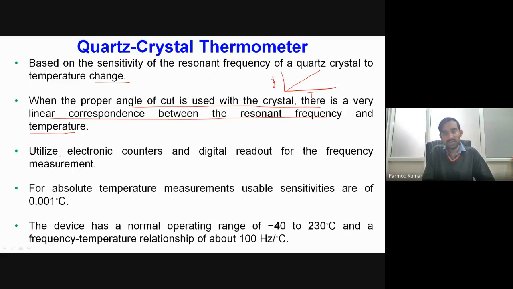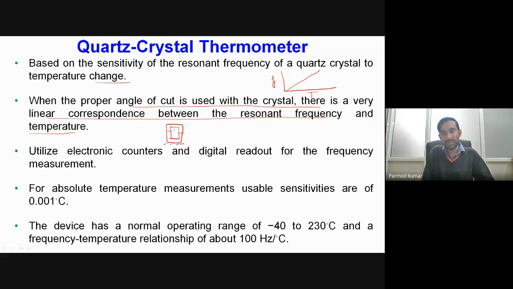Now in this particular arrangement, we generally have a small cell-type structure where we physically locate our quartz crystal, and this quartz crystal oscillates over here. Then at the boundaries of this cell we have certain thermal contact to the area where we want to measure the temperature.